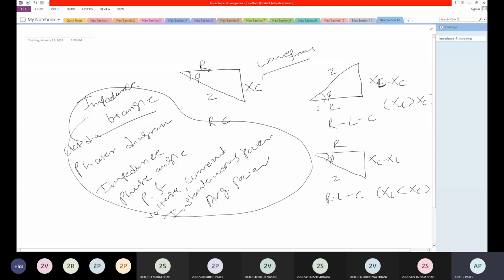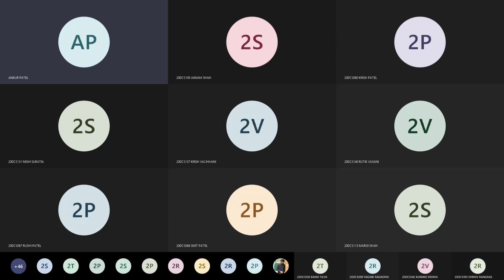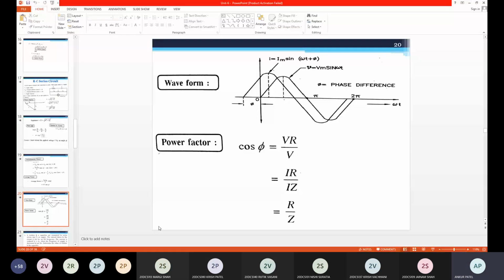Okay, so this is the impedance triangle for RC and RLC. You need to write all the things for any series circuit question.